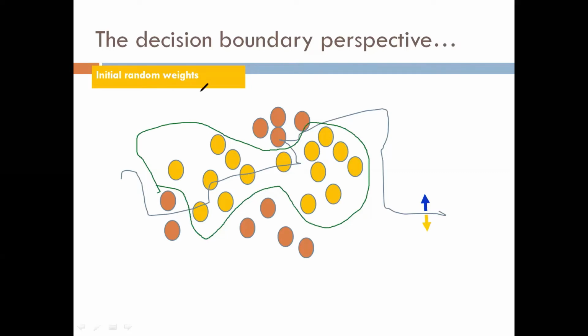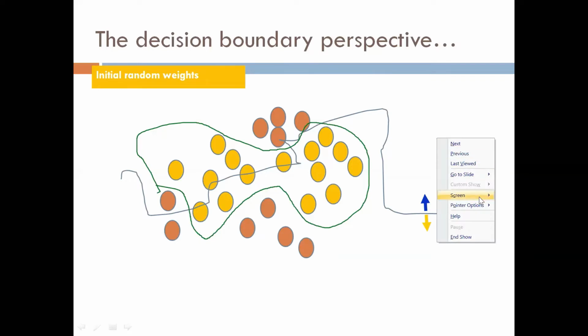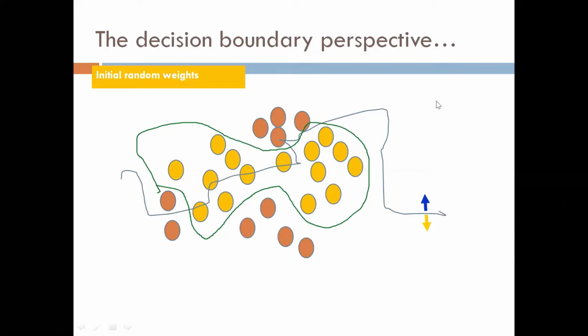Okay, I will take another color. Anyway, so what is happening in this case? I draw this decision boundary, this red color. It is perfectly separating out the orange dots from the yellow. So that is the perfect decision boundary.